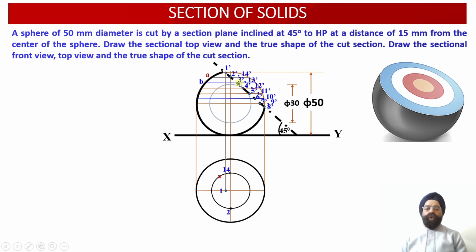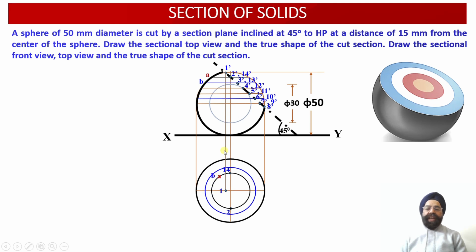Now we know corresponding to the location of this point, that is 3 dash and 13 dash, we know the diameter of this ring B. So once we know the diameter of this ring B, this ring B will be constructed using the same diameter into the top view projections over here.